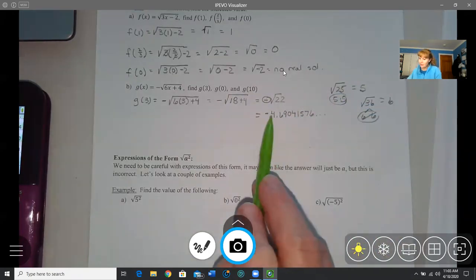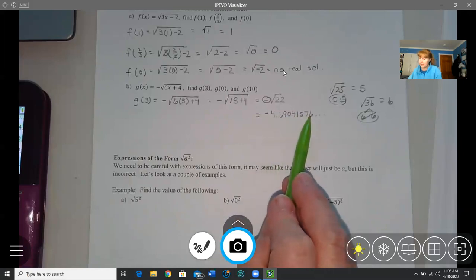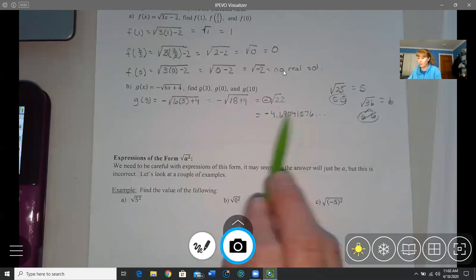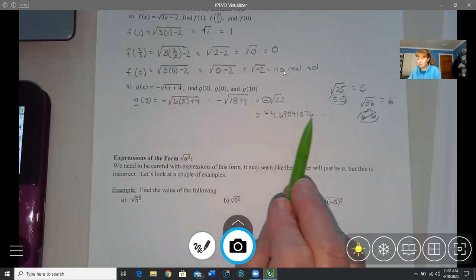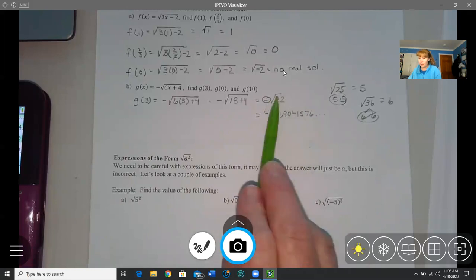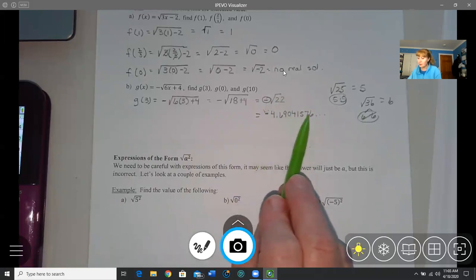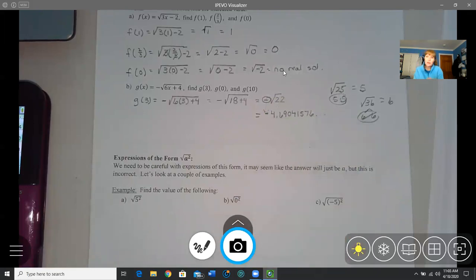So if you were to take this number times itself, without the negative that's on the outside, you're going to get 22. The problem is that this number keeps going, and it doesn't stop and it doesn't repeat.